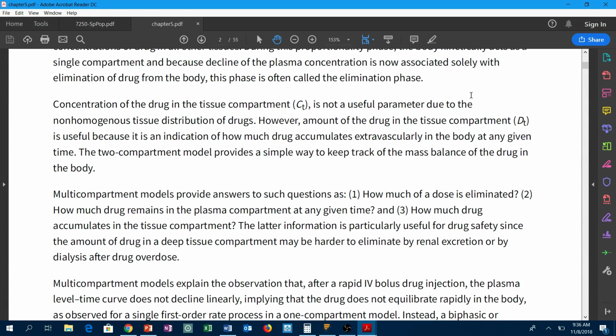Does anybody else have something different? There's something about time. No drug is eliminated at time zero. Most model elimination occurs from the central compartment. Everybody got that? Very good.